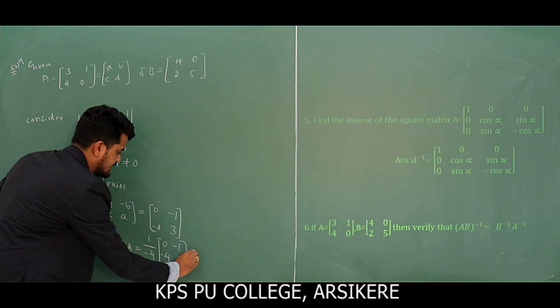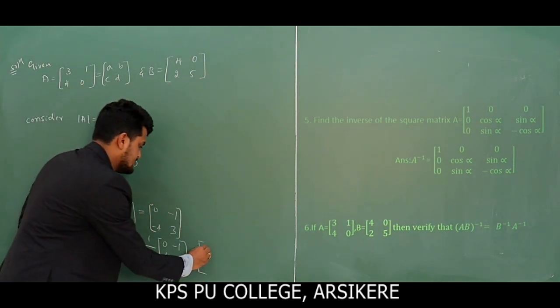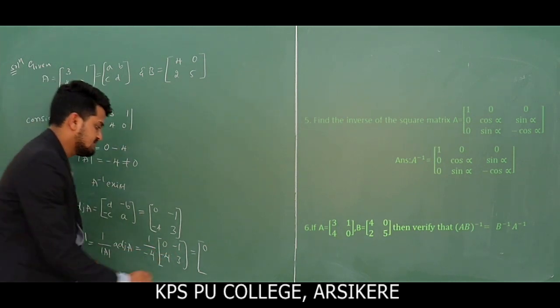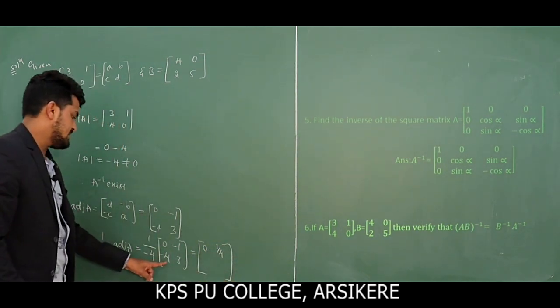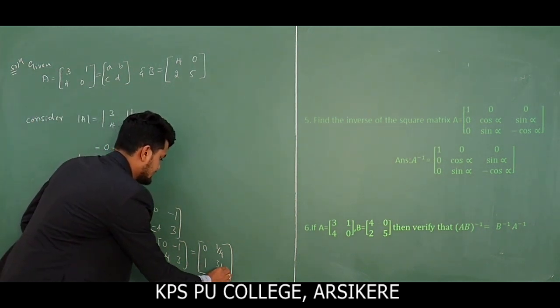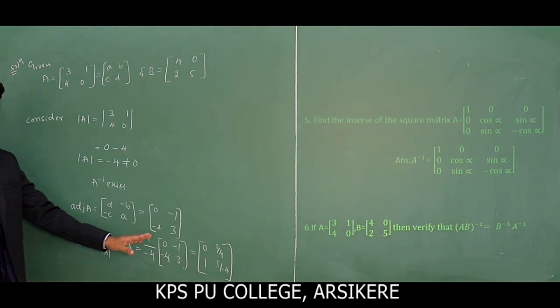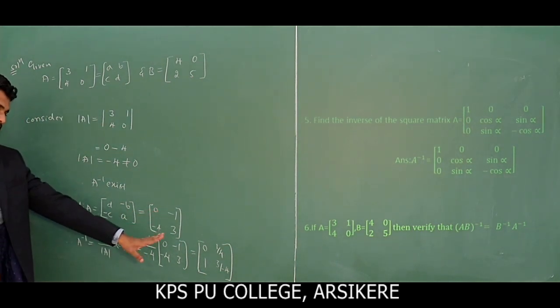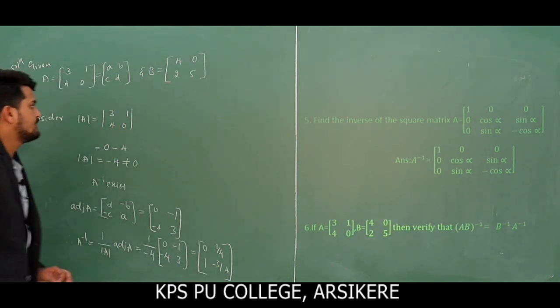Dividing each term by minus 4: 0 by minus 4 is 0, minus 1 by minus 4 is 1 by 4, minus 4 by minus 4 is 1, and 3 divided by minus 4 is minus 3 by 4. So this is the value of A inverse: 0, 1 by 4, 1, minus 3 by 4.